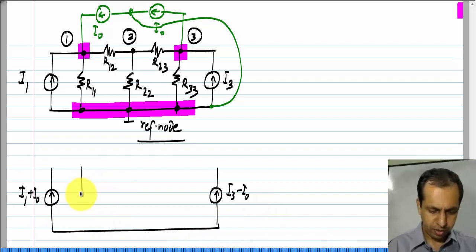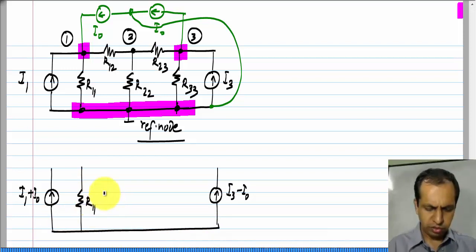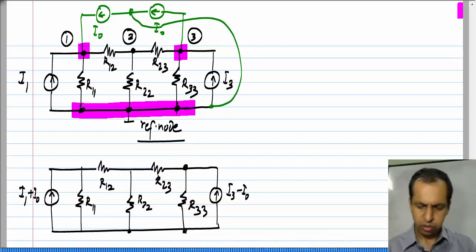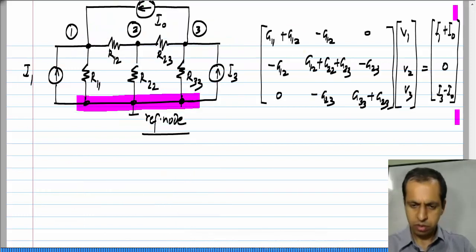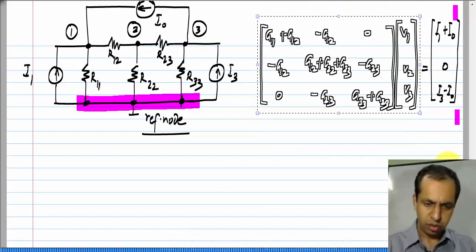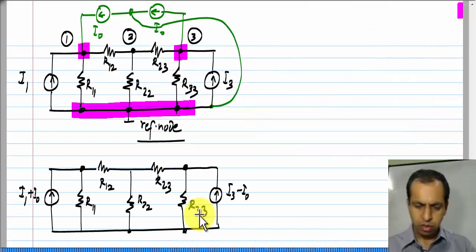And the rest of the circuit is as before. Now, the conductances in the circuit have not changed at all.